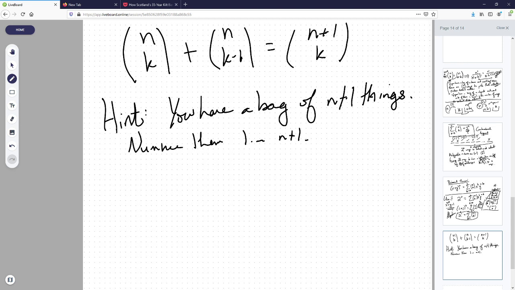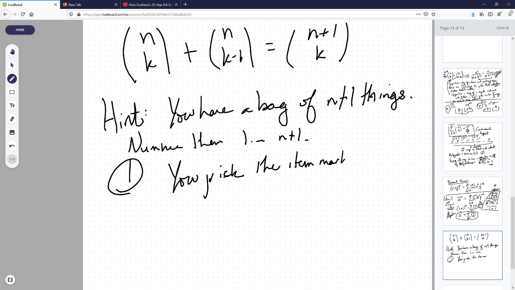And this is the hint that gets you 95% of the way there. One, you pick the item marked n plus 1. Two, don't pick that one.